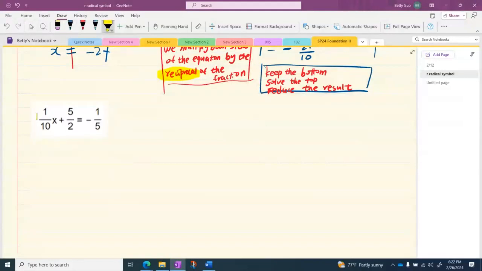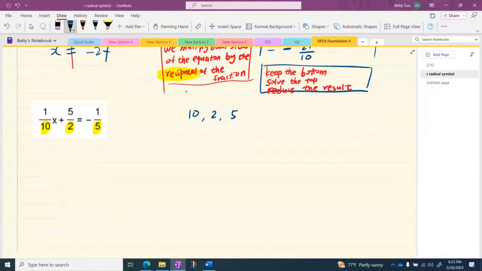How many denominators do we have, and what are they? They are 10, 2, 5, right? We have 3 denominators today for this question. So we want to get rid of those denominators at the very beginning.